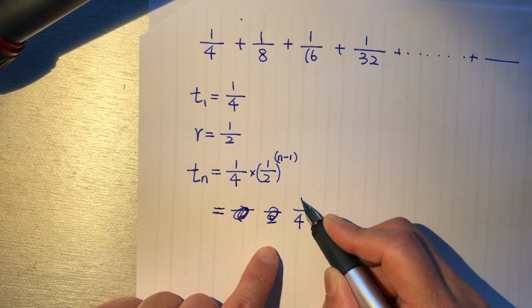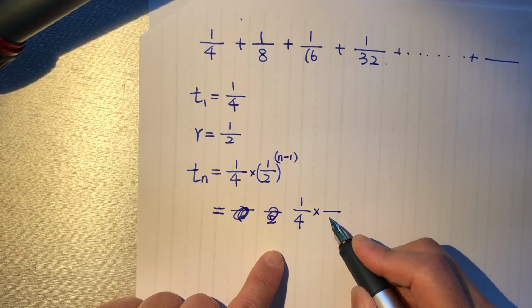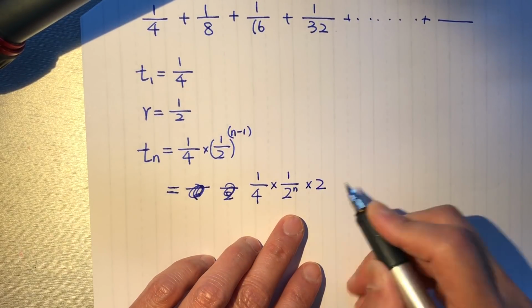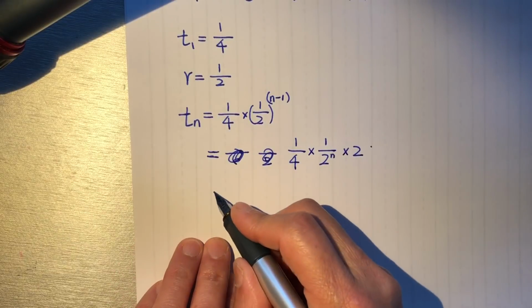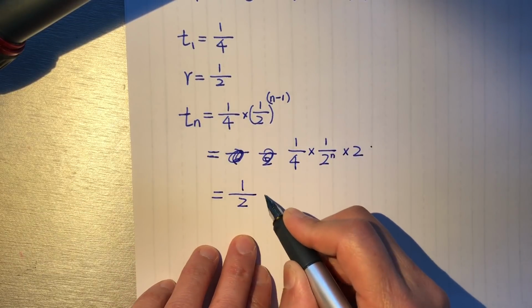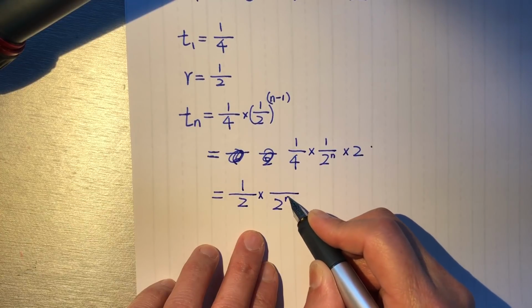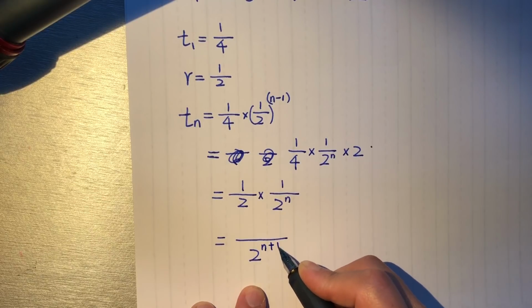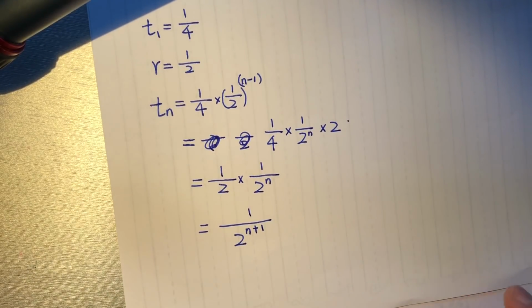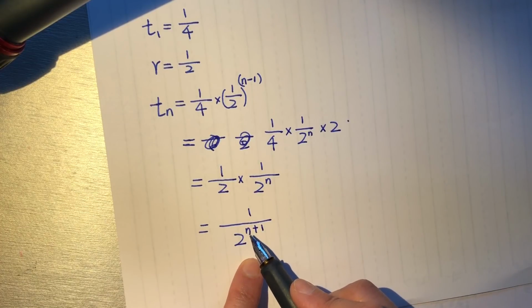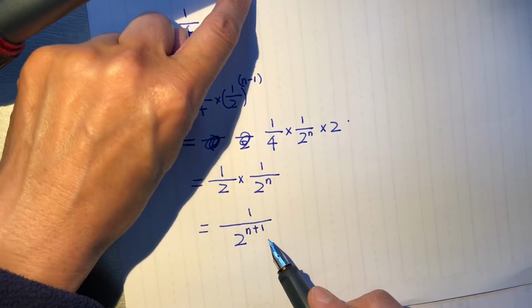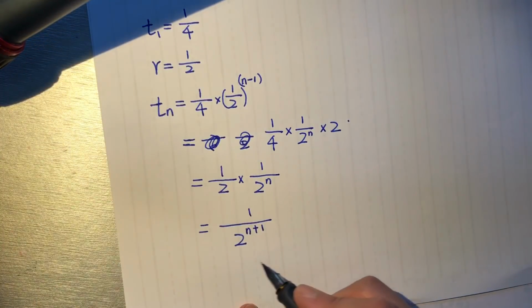So it equals 1/4 times the ratio to the power of n minus 1. So we can write like this. When n equals 1, the first term is 1/4. The second term is 1/8. The third term, yeah, it is right.